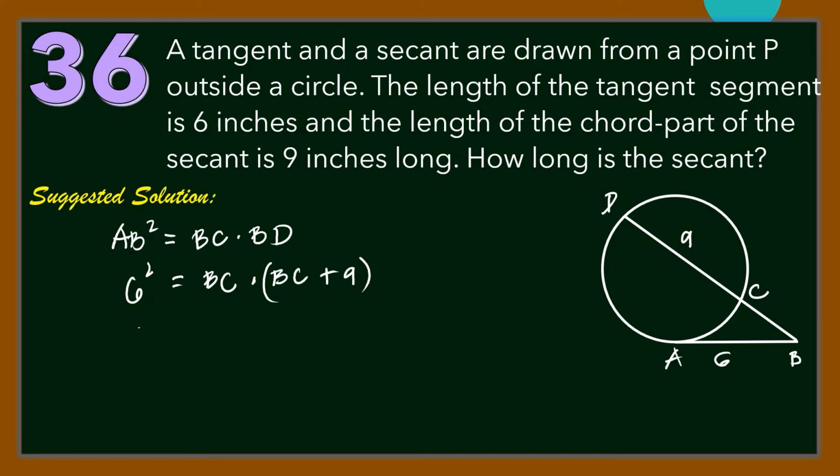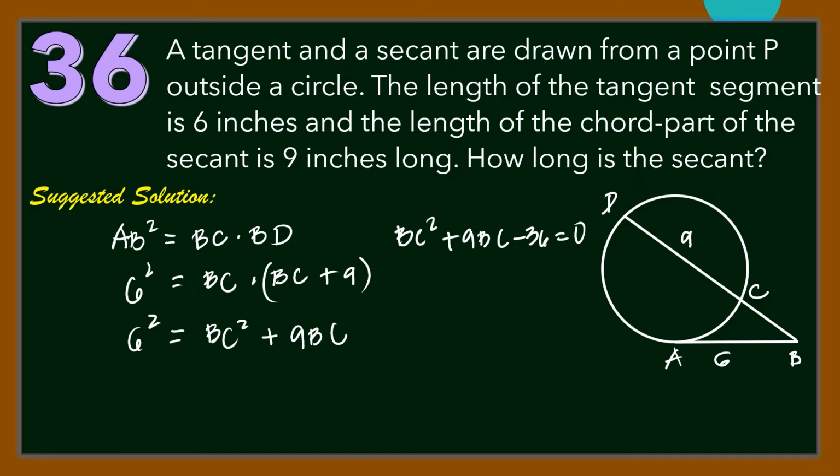Then we have 6 squared is equal to BC squared plus 9BC. Then this is a quadratic equation. So we have BC squared plus 9BC minus 36 is equal to 0.